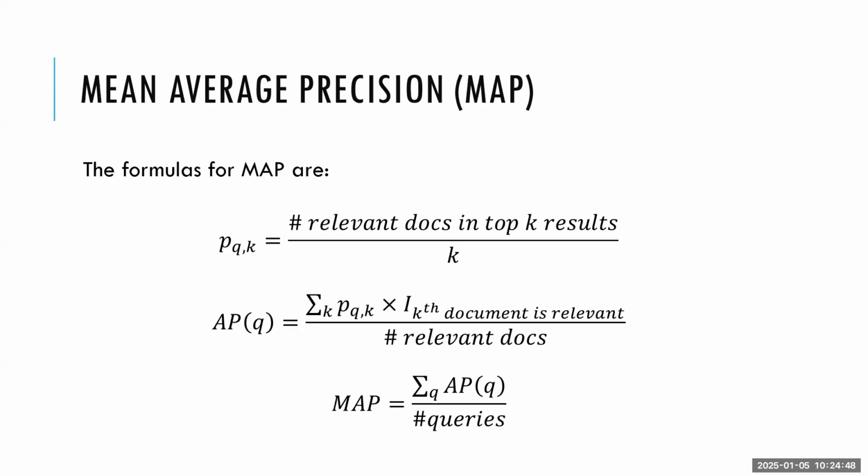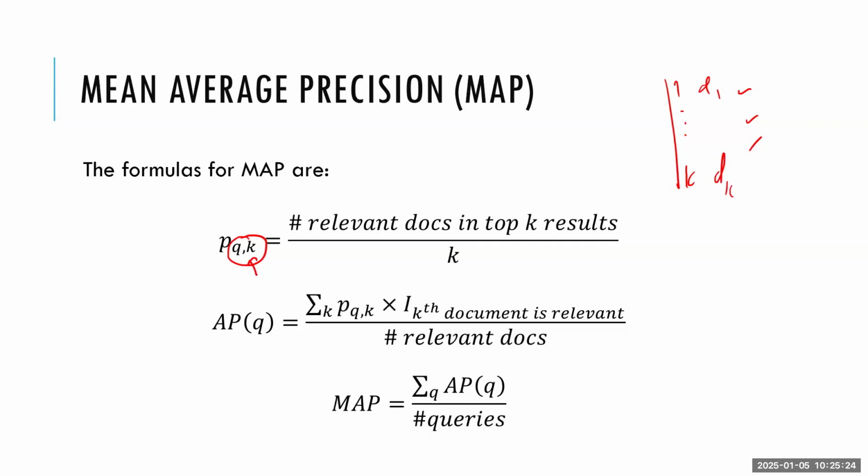So in the MAP, we have many queries. For each query and a value k, we will look at the relevant documents in the top k results. So basically, if you give me a list of k documents, I will just count how many documents are relevant, right? If I have a relevance score, basically I can count any document that is not zero.